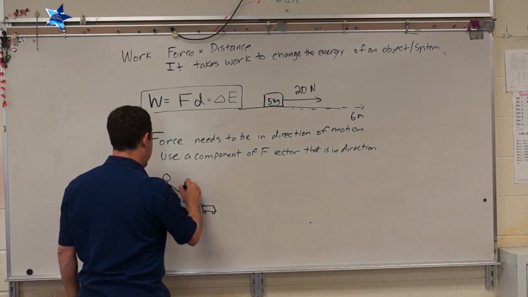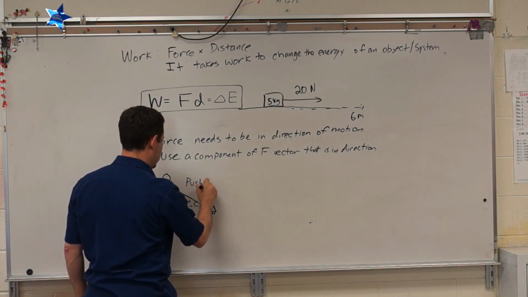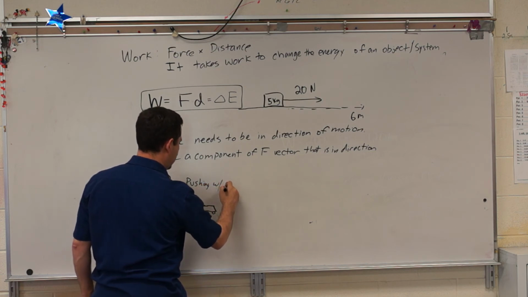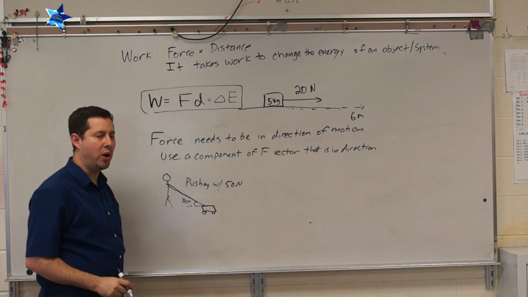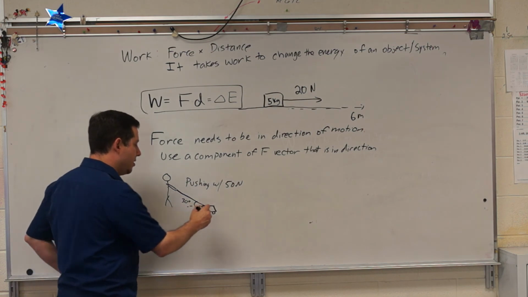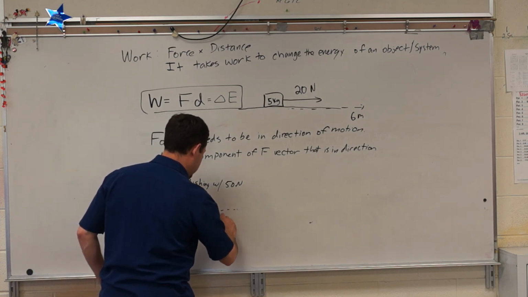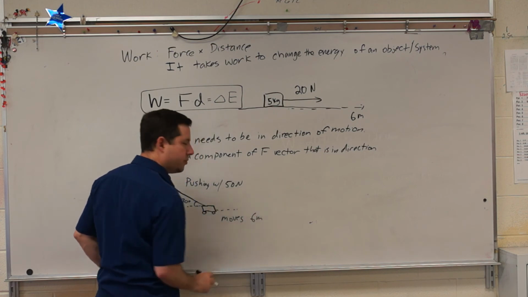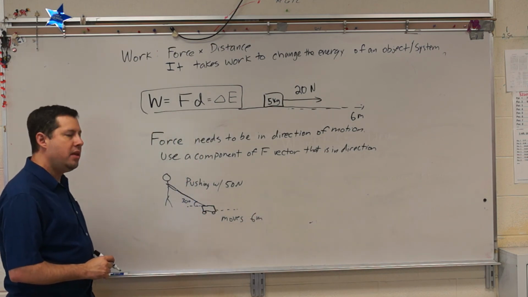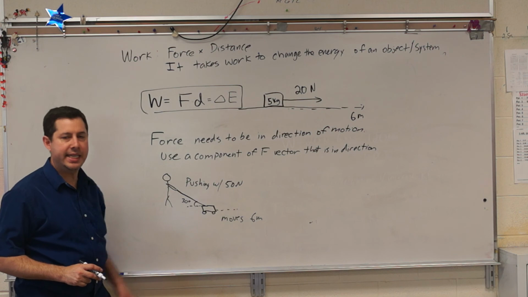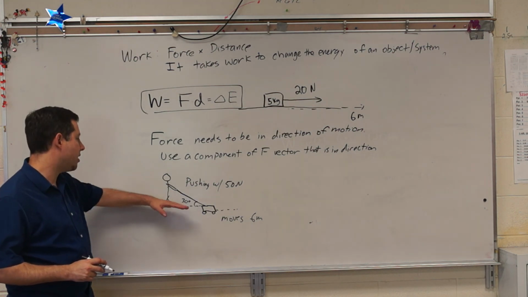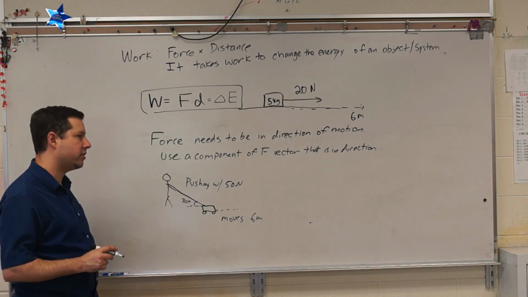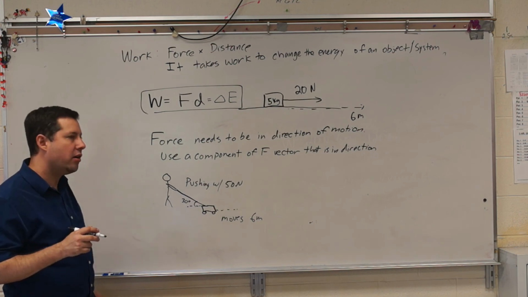And you're pushing with 50 newtons of force. And maybe the mower moves 6 meters. The work is not equal to 50 times 6. You need to take a component of the force vector that is in the direction of motion.